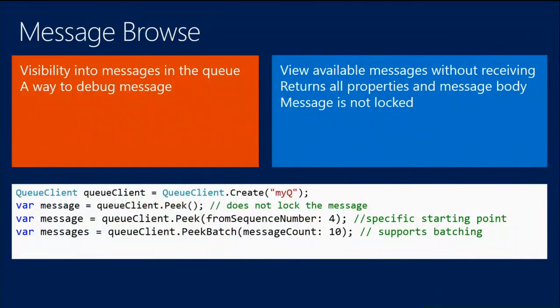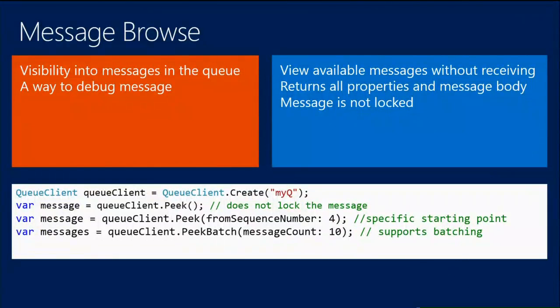Then there's now Message Browse. It's a feature that MSMQ had for the longest time, and we've always longed to have, and we finally got around to doing it. That allows you to peek messages out of the queue without locking them. So you can effectively, with that, now go and read the messages forward. And if you want to just make a list of all the messages that are currently in the queue, you want to take a look at them, you can do that. So peek gets the message at the top.